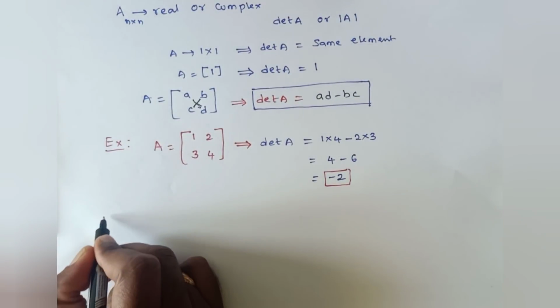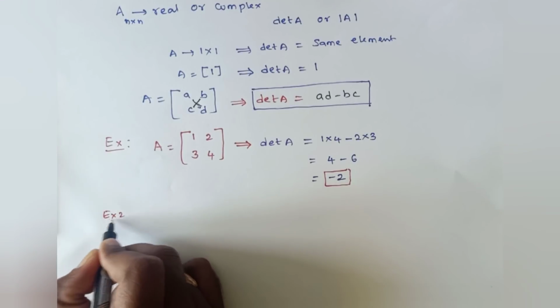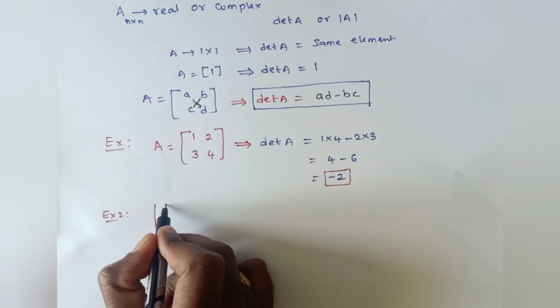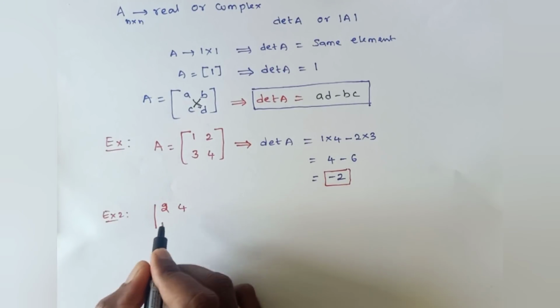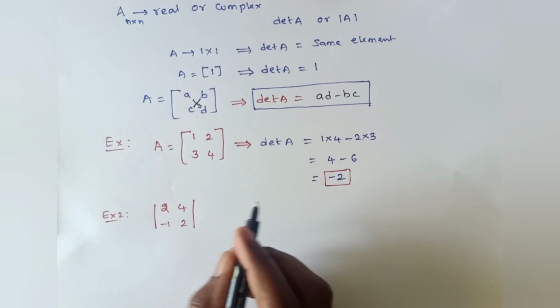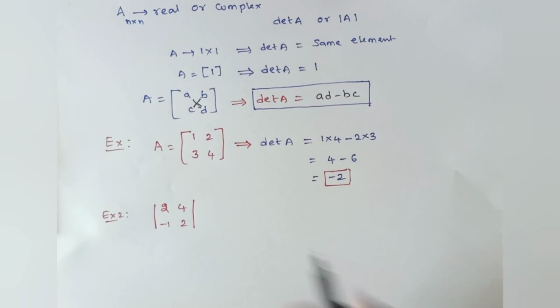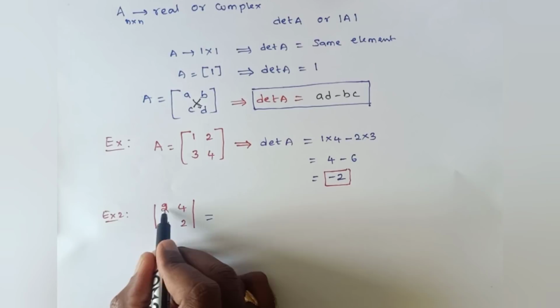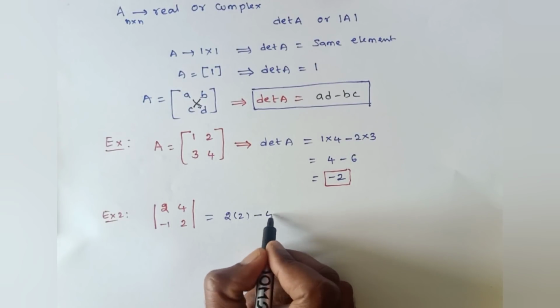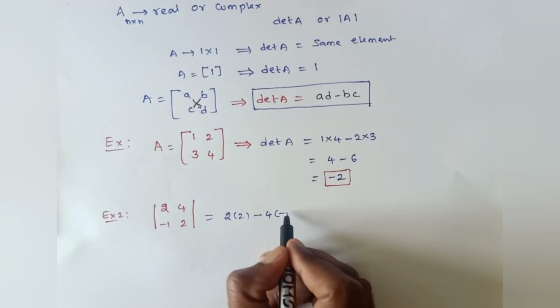Let's see one more example. Evaluate the determinant of the matrix with entries 2, 4, minus 1, 2. The determinant is 2 into 2 minus 4 into minus 1.